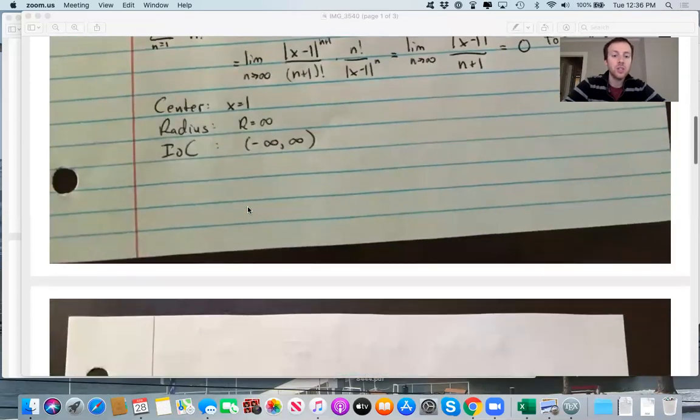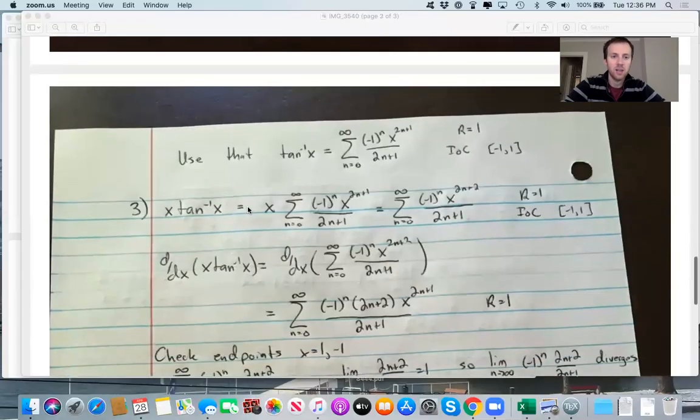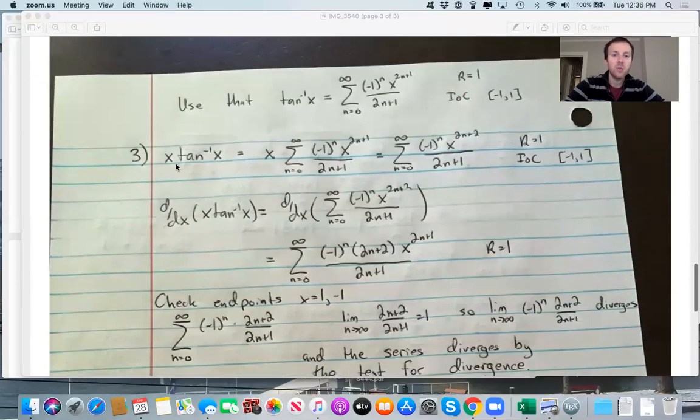But what we can do is say, back here, we just found a series for this function. X inverse tangent of x has the series -1 to the n, x to the 2n plus 2 divided by 2n plus 1.